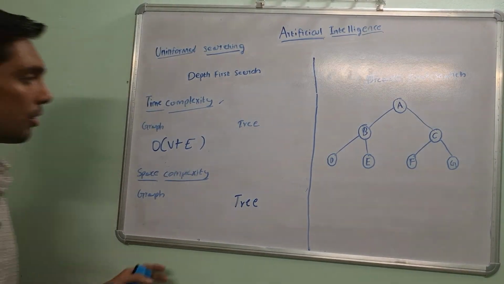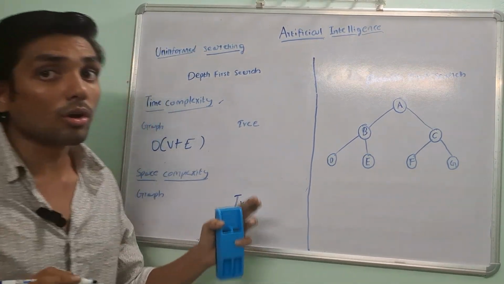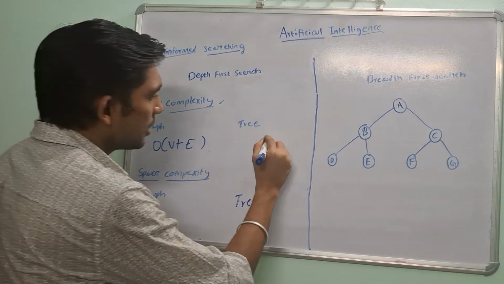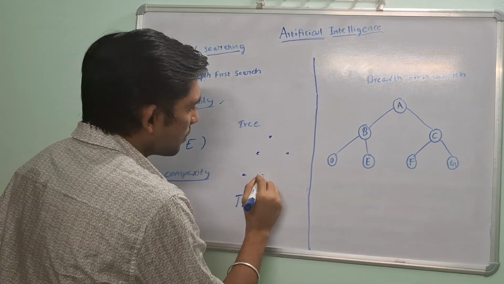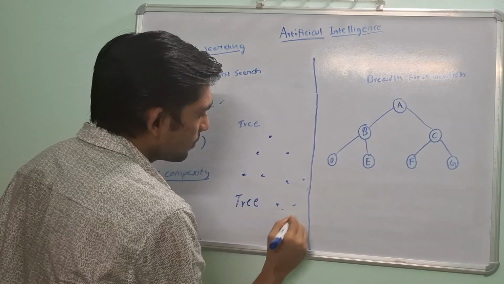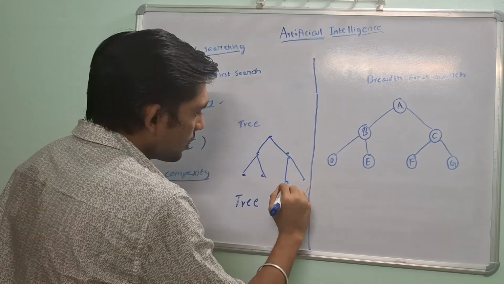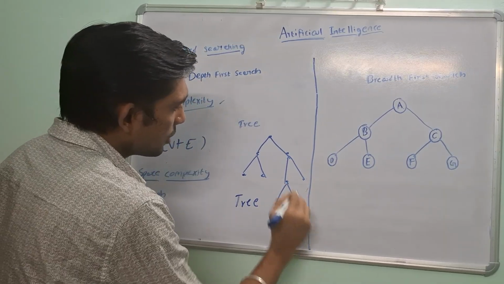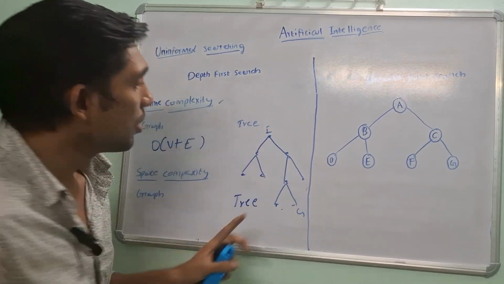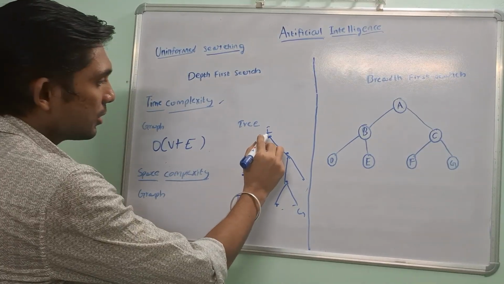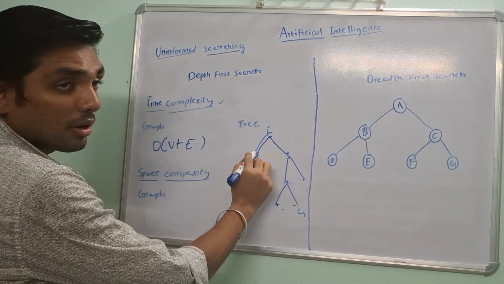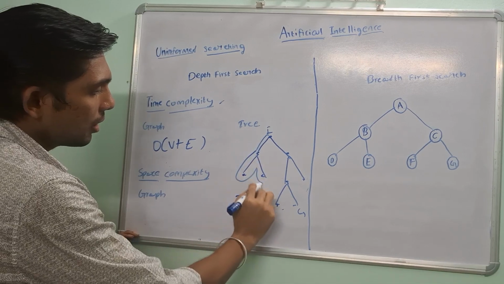Similar to that, in case of a tree also we have to explore all the possible nodes. Say there is a small tree. In this case, this is the goal and this is the initial node. In the worst case, if we come in this order, then we will go here, here, here.